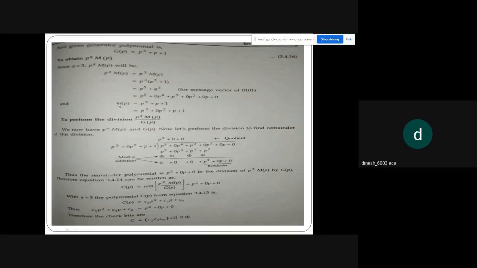So I can write p cube into m of p as p power 5 plus 0 p power 4 plus p cube plus 0 p square plus 0 p power 1 plus 0 p power 0. This is how we get p cube into m of p.